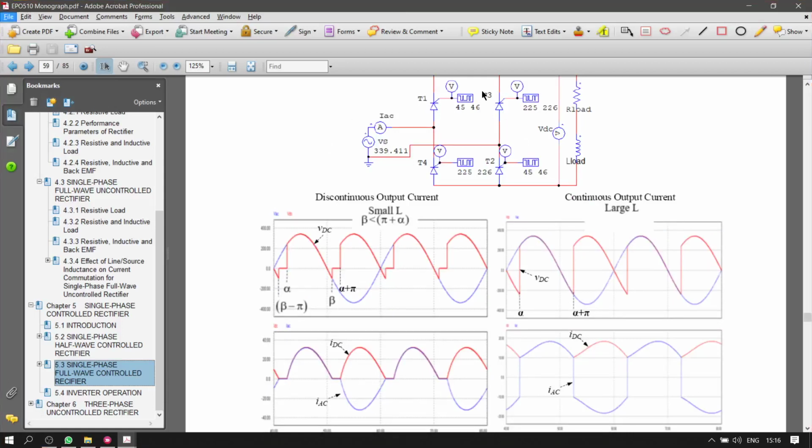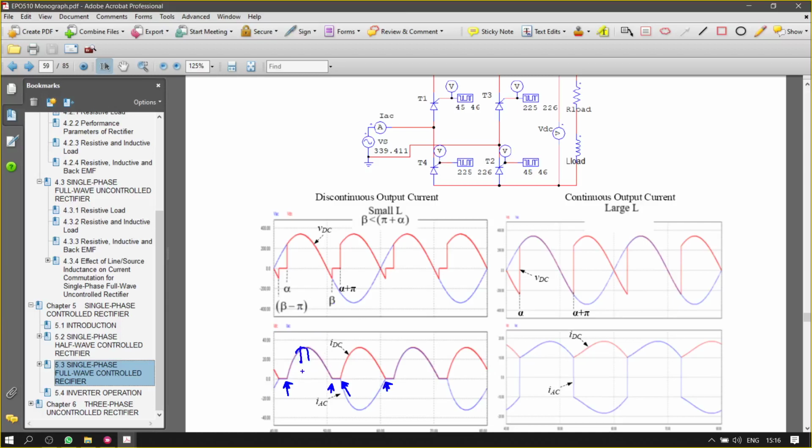So this is known as the conduction angle. How long it turns on, from there to there, from there to there. T1 and T2 conduct for how long, and T3 and T4 conduct from that point to that point. So you need to identify this, but first you need to calculate using the equation.